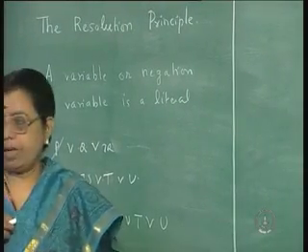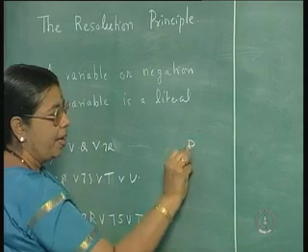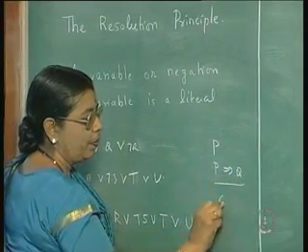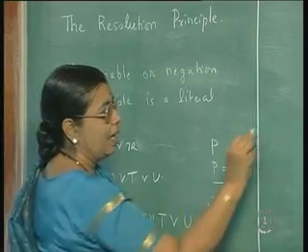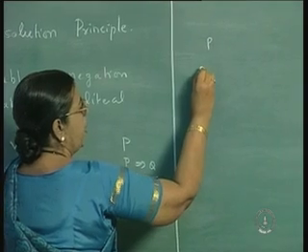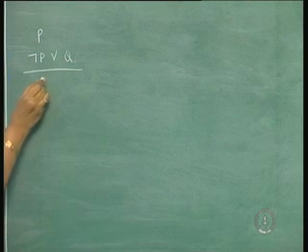Now, how can we make, for example, modus ponens, you know that P and P implies Q gives Q. If I express this in clause form, P implies Q I can write as not P or Q. So, what is the resolvent of these two?